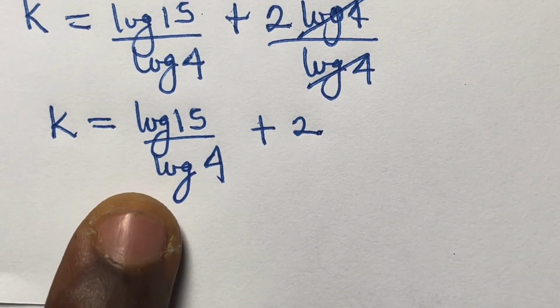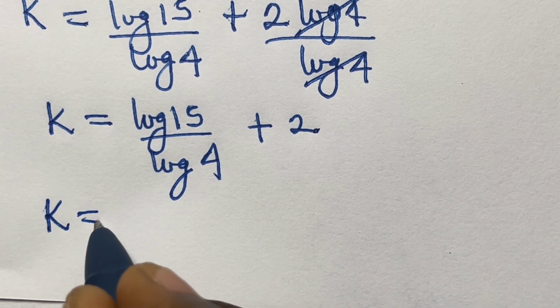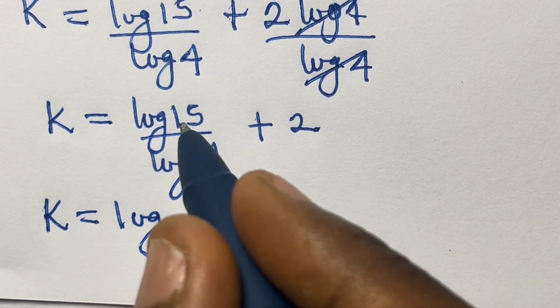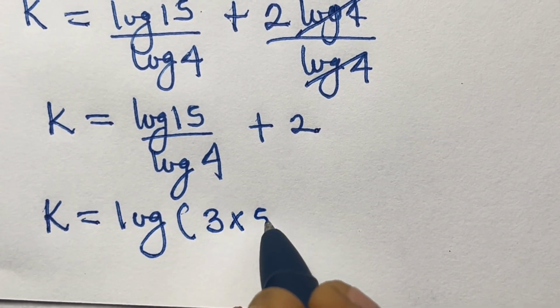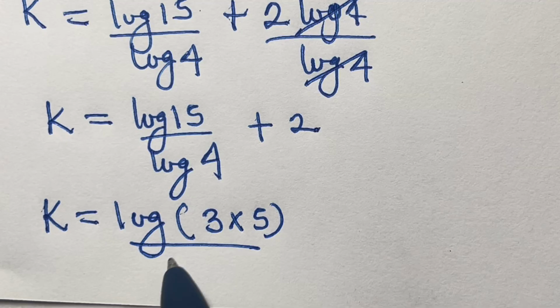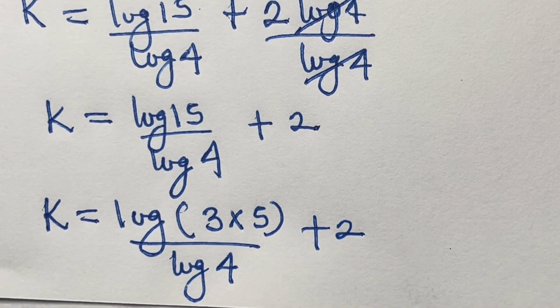So here now, we have k equals log, we can further break down 15 into 3 times 5, divided by log 4 plus 2, right?